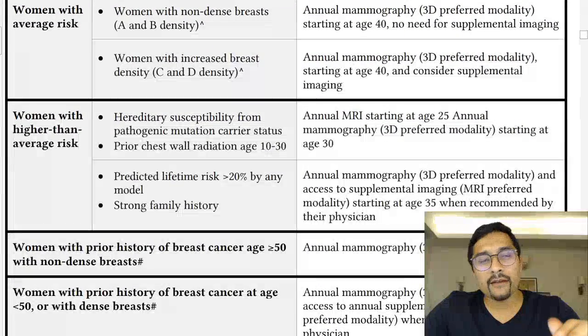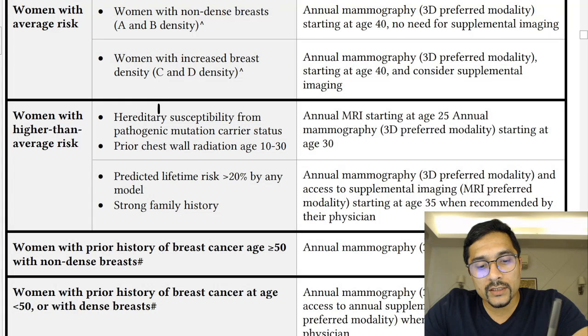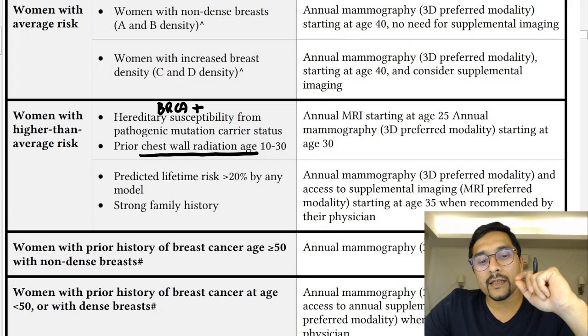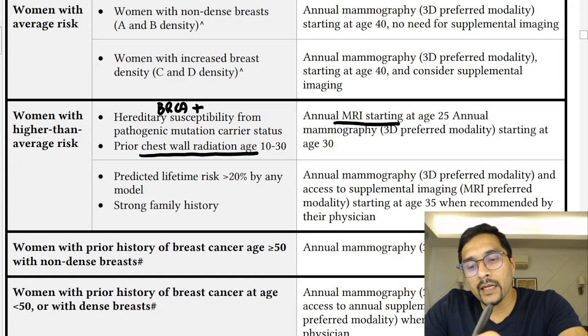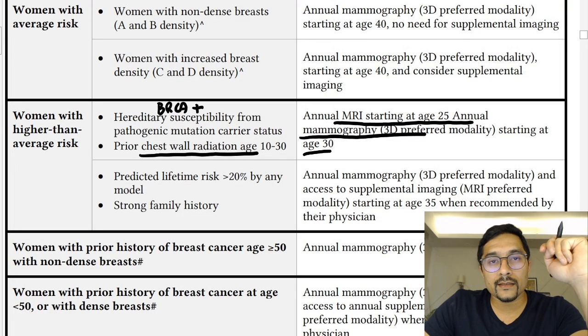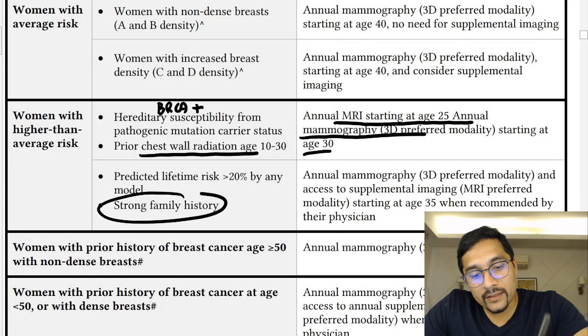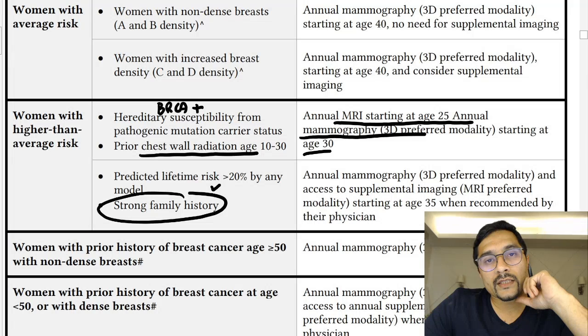Women with higher than average risk means hereditary susceptibility, carrier mutation status means BRCA positive, or those who've received radiation between 10 to 30 years of age to the chest wall. These ladies will start with an MRI at 25 and mammography starting at 30 years of age. The other category are strong family history, like our patient which we were discussing, or predicted lifetime risk of more than 20% by any model.